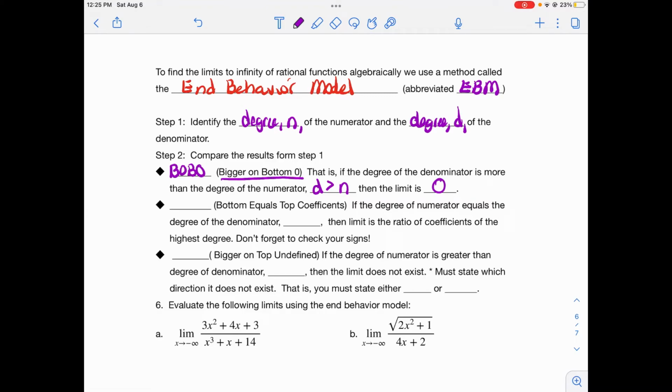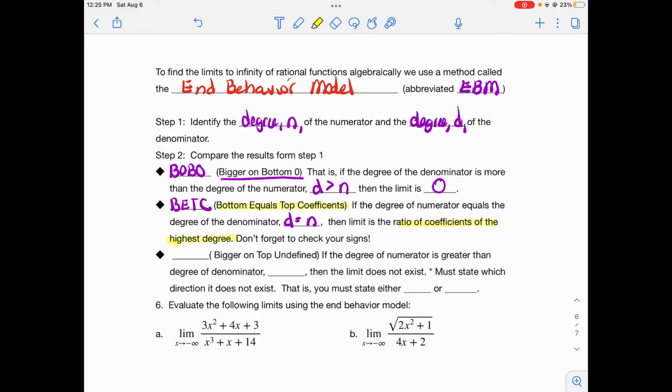No work needed. Next is bottom equals top coefficients, which we call BETC. If the degree of the numerator equals the degree of the denominator, so if d equals n, the limit is the ratio of the coefficients of the highest degree.